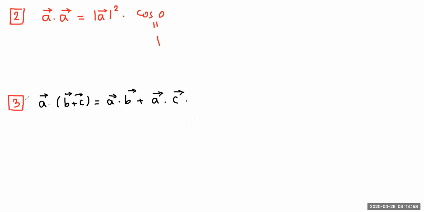Now I have property number 3, remark number 3. I have the property of distribution of the dot product over the addition of vectors. It's the same property as distribution of numbers, and it's also correct here.